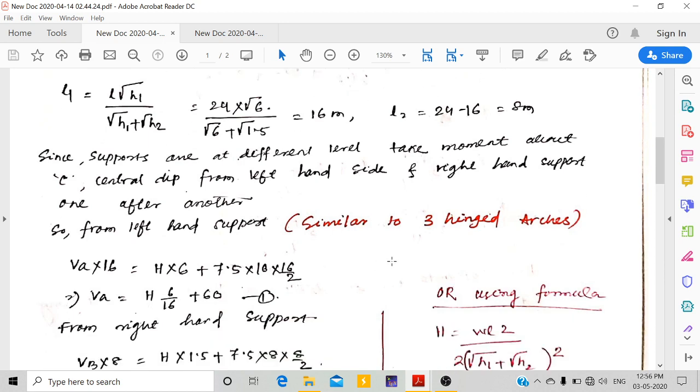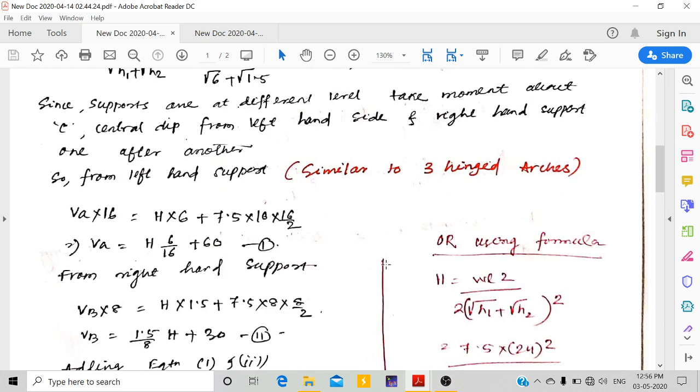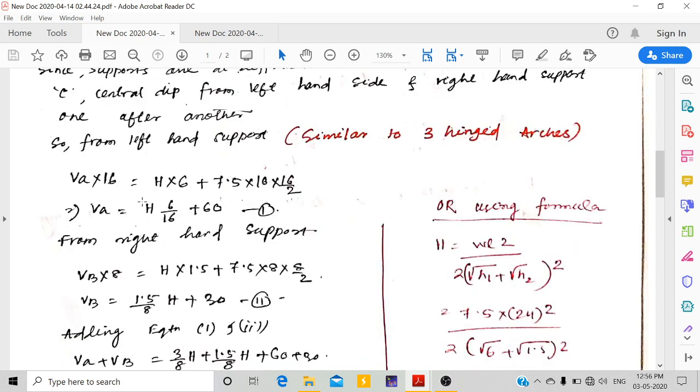So from the left side, Va into 16 is equal to H into 6. This is anticlockwise, this is anticlockwise, this Va into this is clockwise. So Va into 16, H into 6, and 7.5 into 16 into 16 by 2. This is my first equation.